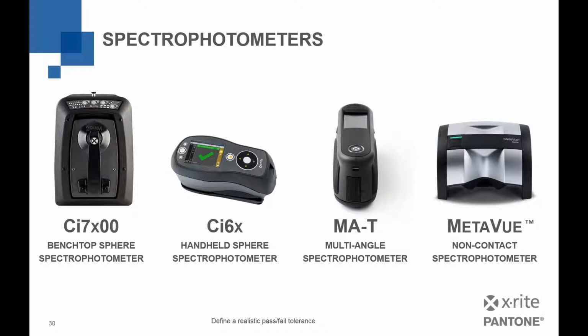Instead of having to go to the expense of recalling that piece, someone can go out with a spectrophotometer and measure on site and see whether it is a genuine problem or maybe just an inaccurate expectation on behalf of the customer.